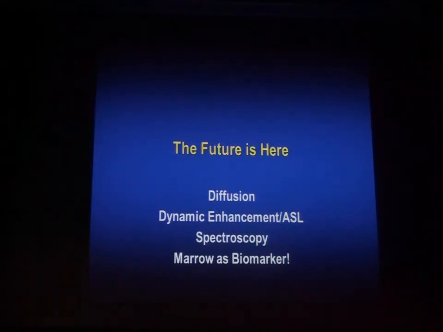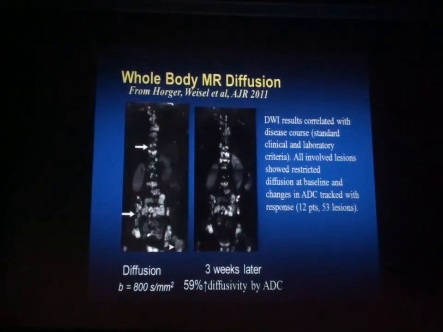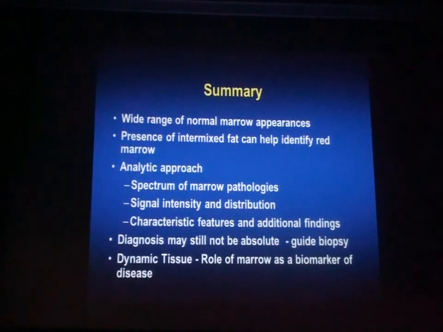So diffusion imaging, looking at dynamic enhancement, and using these things to see response to disease, possibly prognosis, using MR spectroscopy to evaluate the various marrow processes. And this is just an example from the literature showing the use of whole body MR diffusion to look at this patient with myeloma and track their response by a change in their apparent diffusion coefficient. So next year when I come back, maybe this is something we can talk more about.